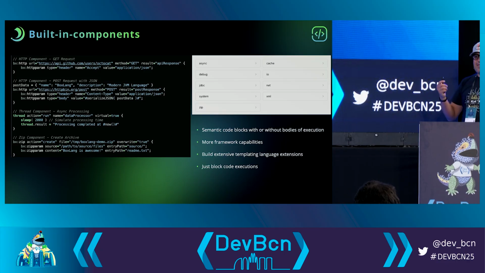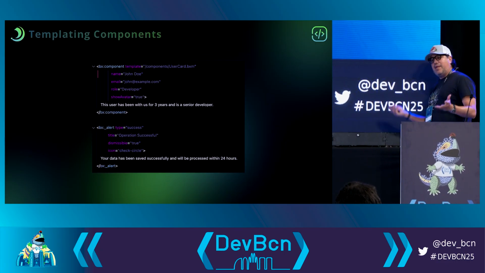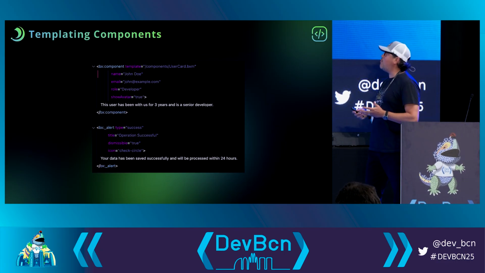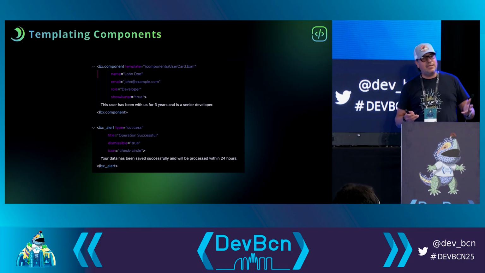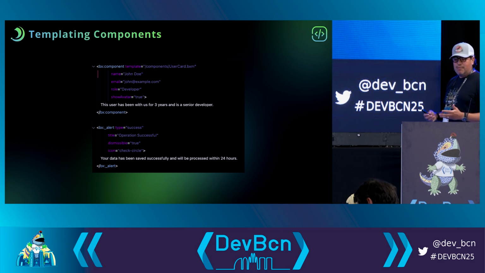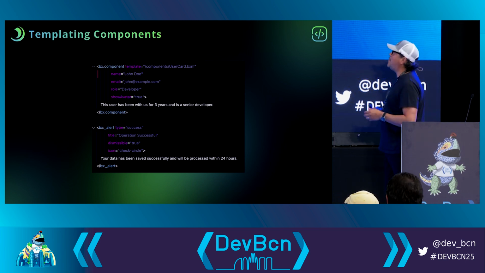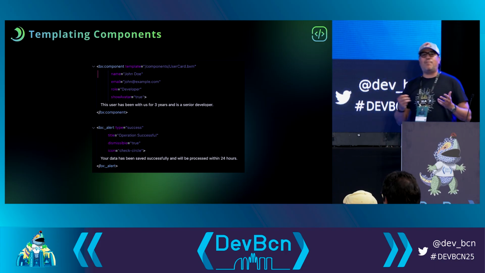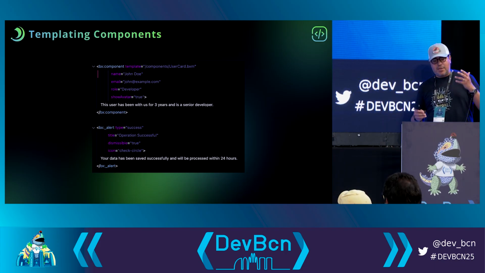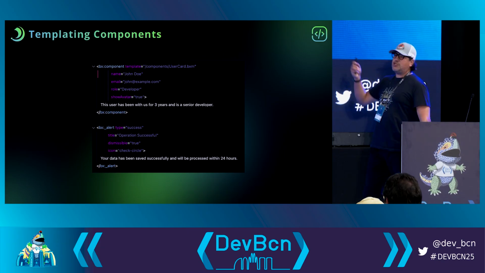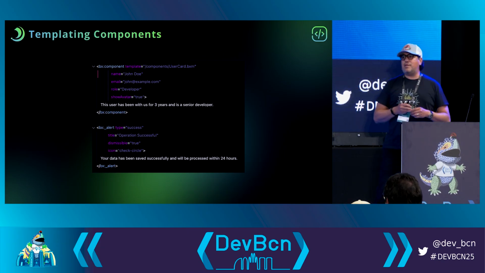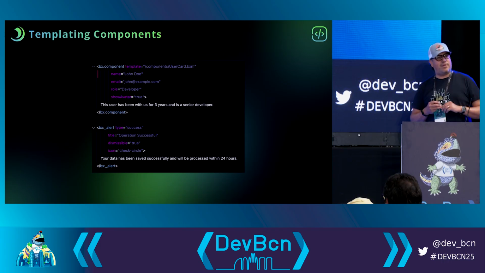Now, these are for scripting, for example, but we also have the templating language. So with the templating language, you can also have the same syntax, just surrounding it with the angle brackets. So if you're doing a UI, and you basically want to reuse a template that you built, you can say, hey, I want a new component, which is like a web component. Here's the path to that web component. Here are arguments to the web component. You can surround content within it, and then your component can interact with it.